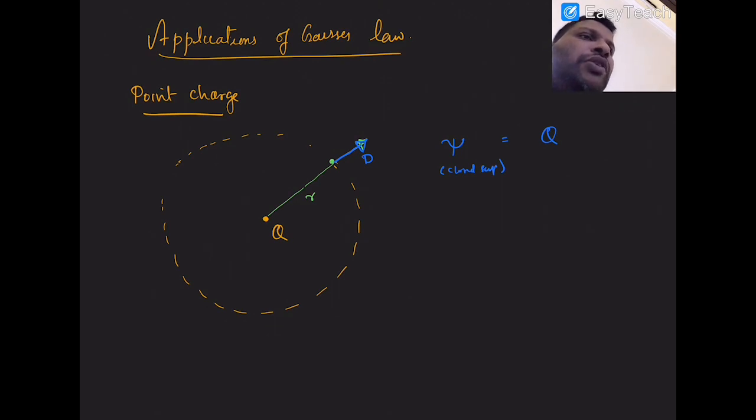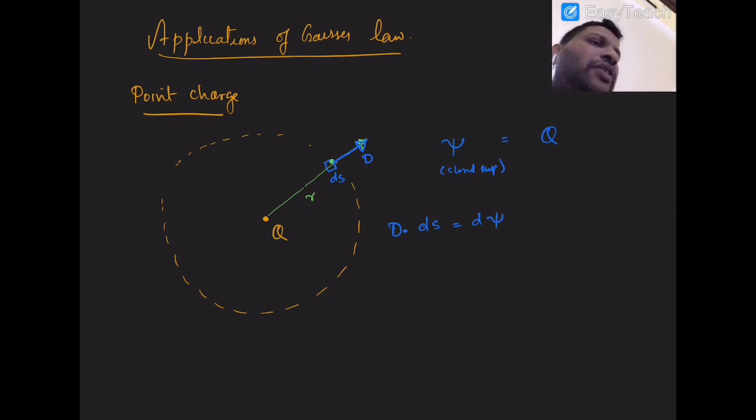What will be the total flux? If you take a small surface area dS, the total flux through that small area dS is given as D dot dS, and this is nothing but your d psi.